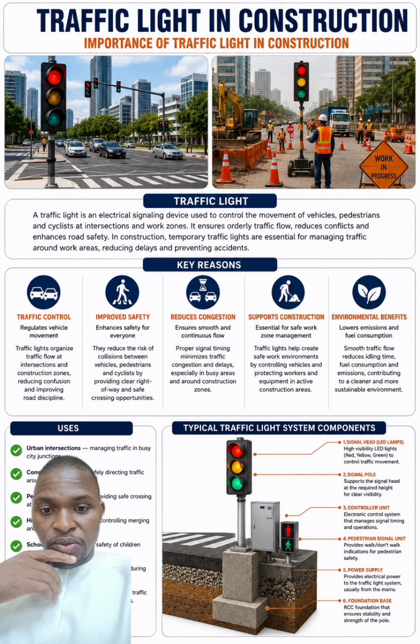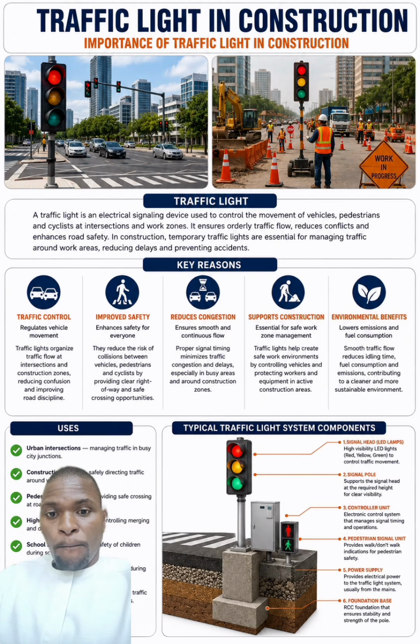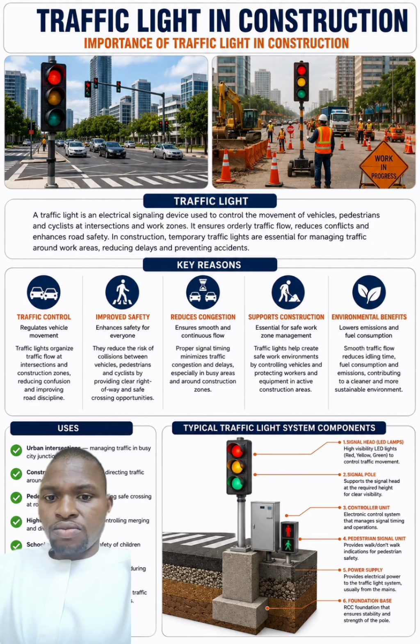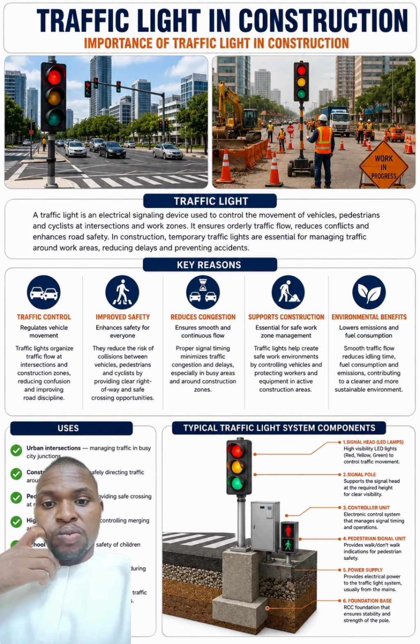So it ensures orderly traffic flow. In urban centers, you see that traffic lights are used often, which helps to automate the flow of traffic. So it helps to reduce conflicts and enhances road safety. Even the road usability itself, it enhances it.